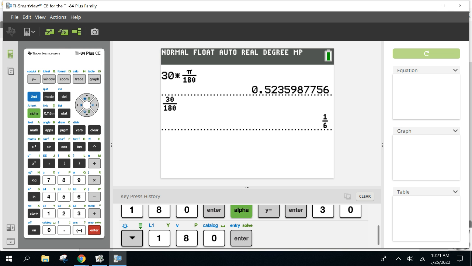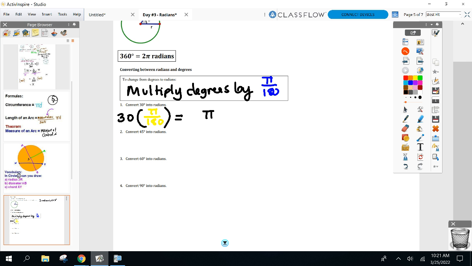So 1/6. So 30 degrees is the same as 1 pi over 6 radians, which is the exact same thing as that long decimal we had. So anytime you leave your answer in radians, leave it in terms of pi. All right? Look good? All right, let's keep going.